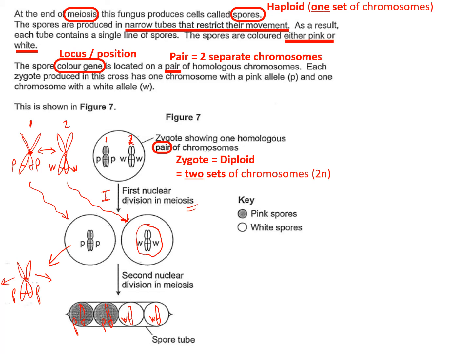So the allele determines the colour of the spore. So we can see there's a single sister chromatid in each spore. That can now be called a chromosome again. So they are haploid. We could say haploid means one set of chromosomes, and the allele determines the colour. So obviously we could use the key there because it says this one here is a pink spore and the other one's the white spore.